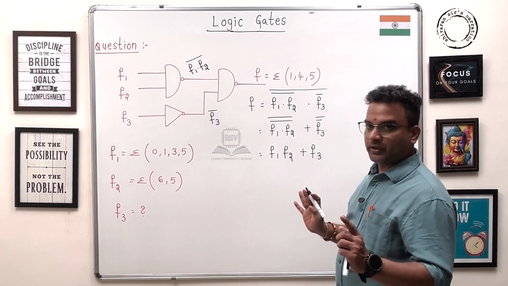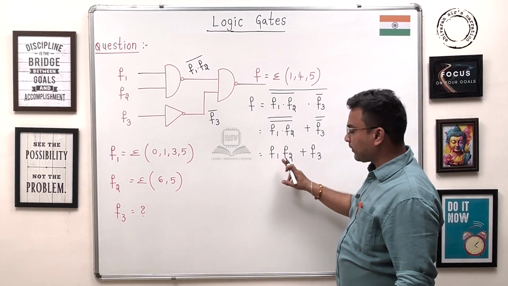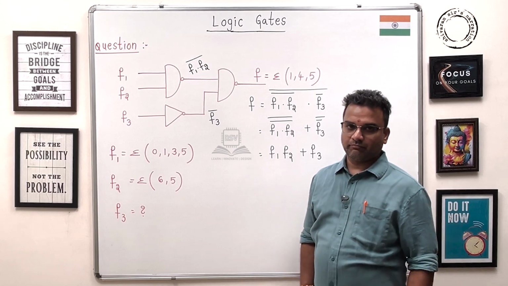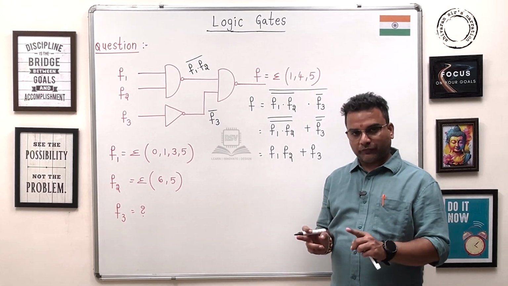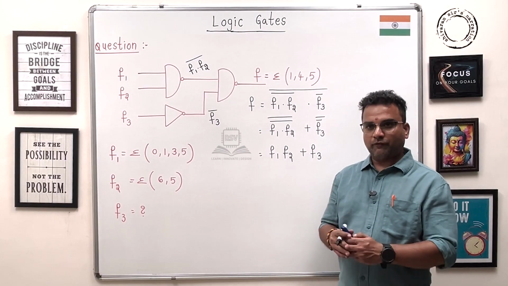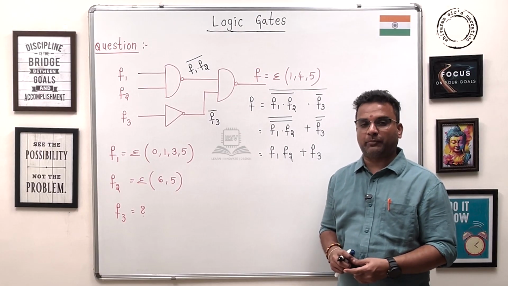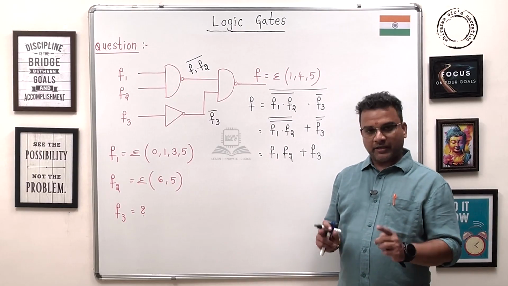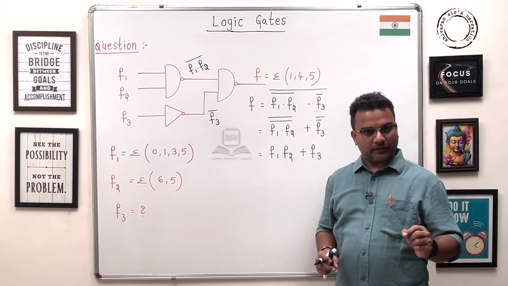Now here, F1 into F2, what does it mean? It is AND operation. Remember, F1 into F2 is F1 and F2. For better understanding, you need to know the Boolean algebra Venn diagrams concept. Hence, we have given the link in the description.